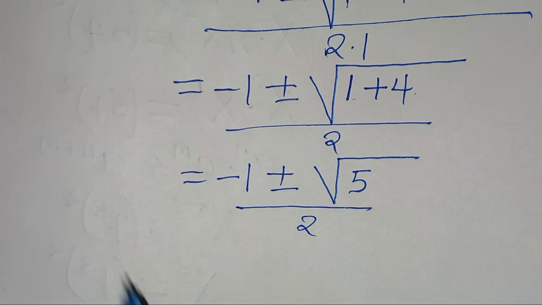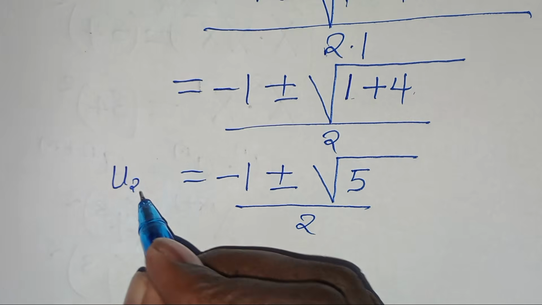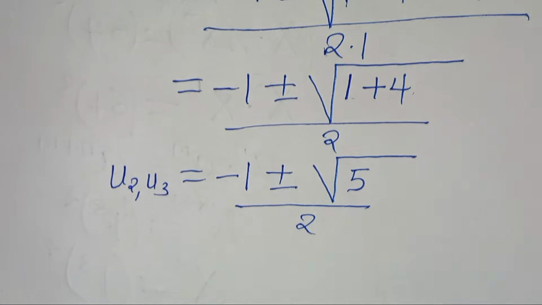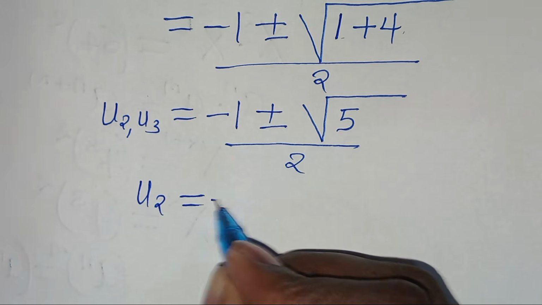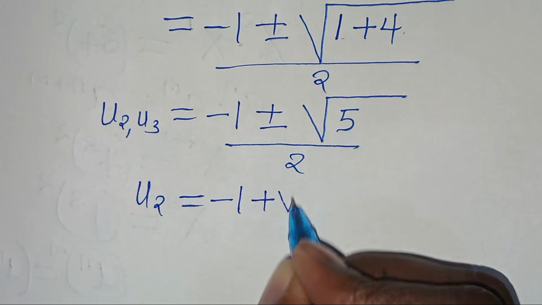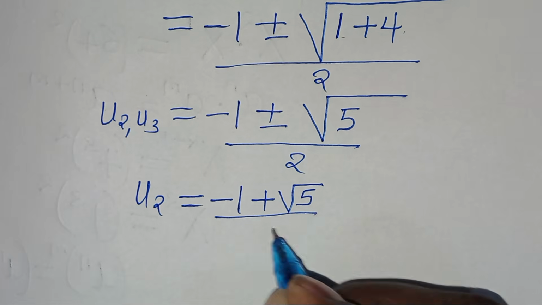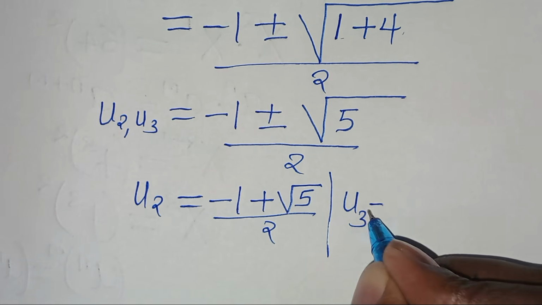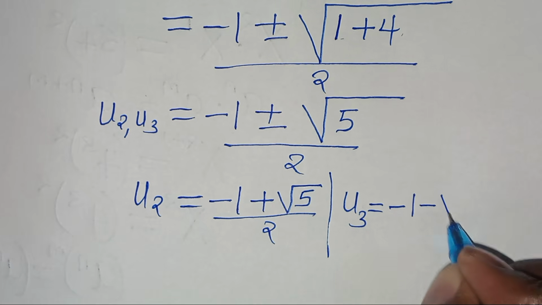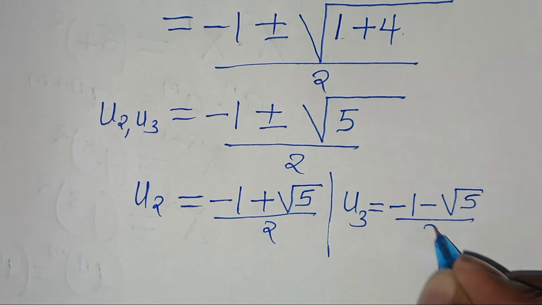So this means this is u2, u3. So u2 is equal to negative 1 plus square root of 5 divided by 2. Then we have u3, which is equal to negative 1, subtract square root of 5 divided by 2.